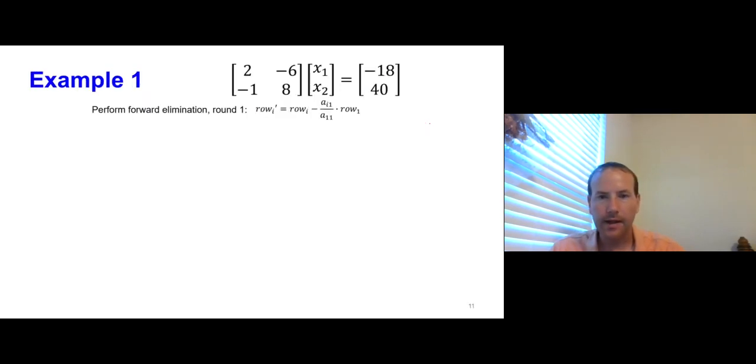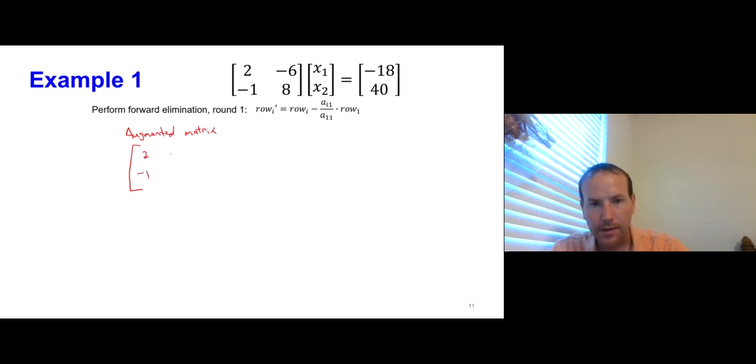Okay, so let's take a look at an example of how we actually apply that. That might make it easier to see how this works. So the first thing that we want to do is create an augmented matrix. So we're just going to take our existing system, and it says 2, -1, 6, 8, and then the right hand side is -18 and 40.